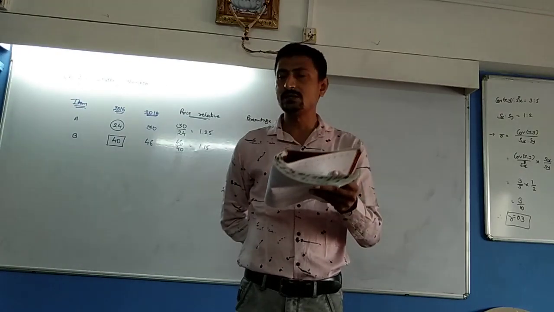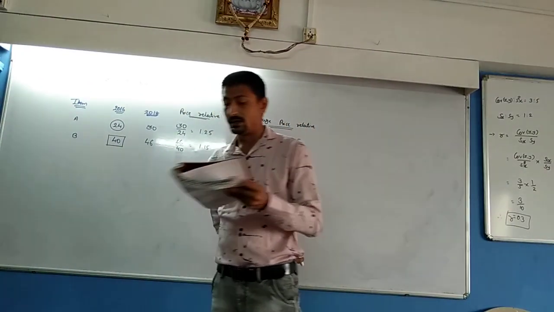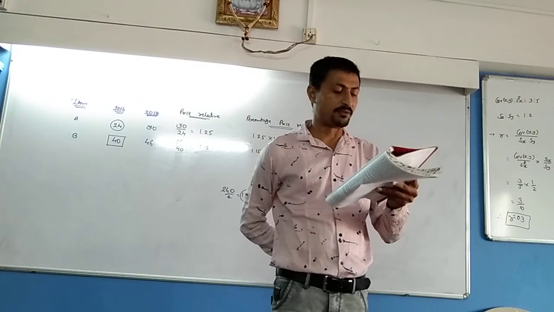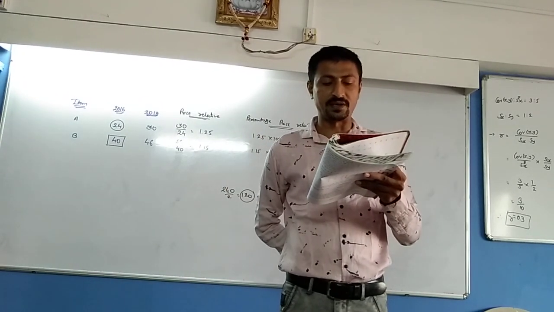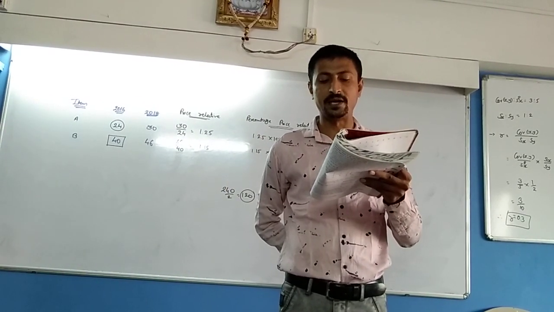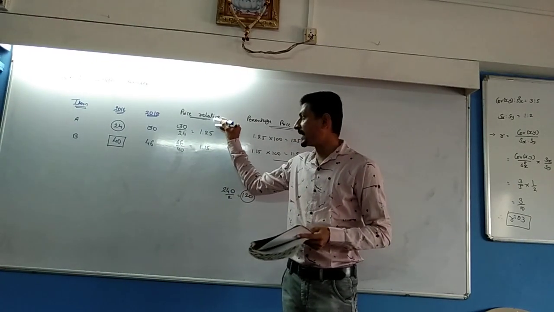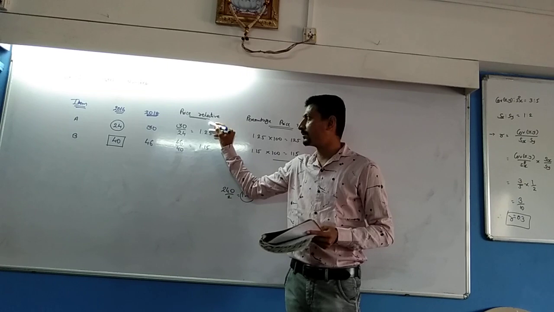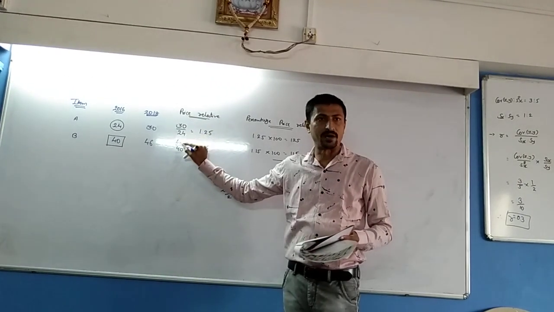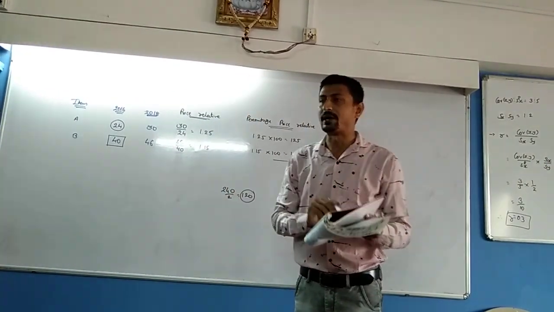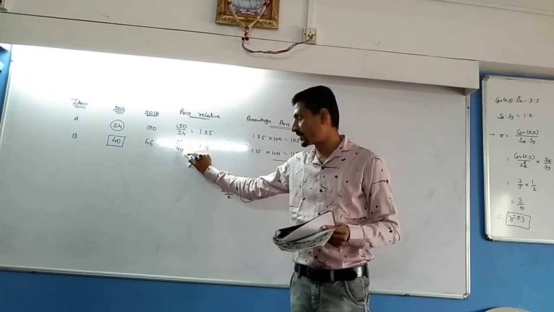A ratio of the price of the commodity in the year 2016 is obtained with the price in the year 2015 in this method to find the relative changes of price of the item in the year 2016. For both items, find the price relative: 2016 price divided by 2015 price, 30 by 24 and 46 by 40.